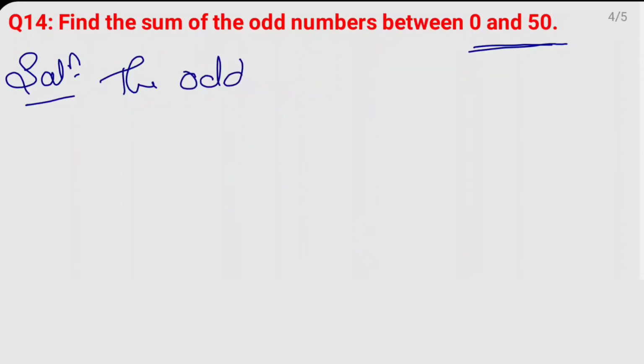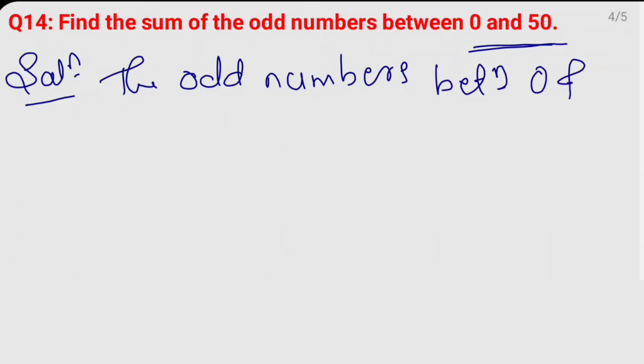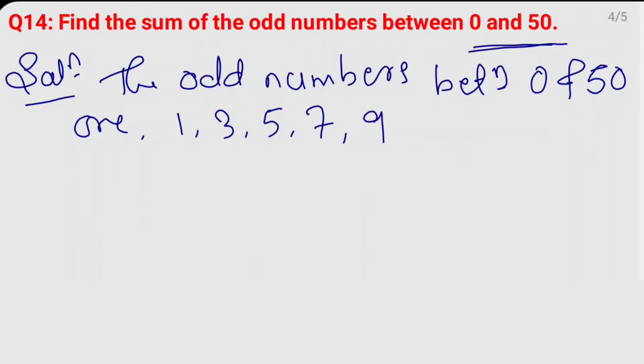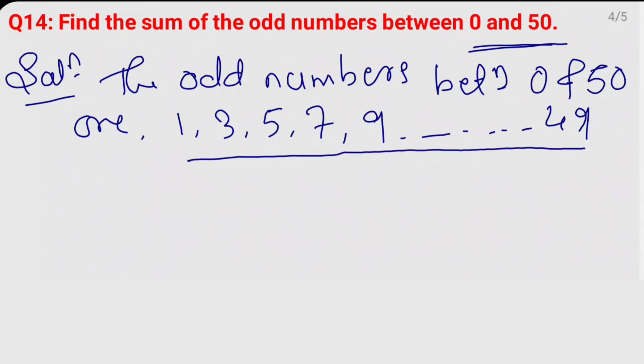The odd numbers between 0 and 50 are 1 is the odd number, and 3, and 5, 7, 9, and so on. 50 is an even number, so here 49 is the odd number. So these are the odd numbers between 0 to 50.